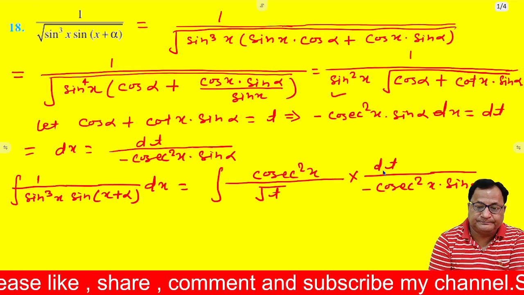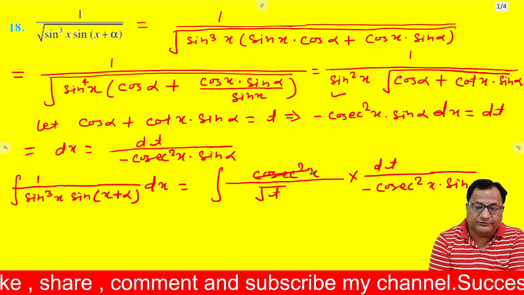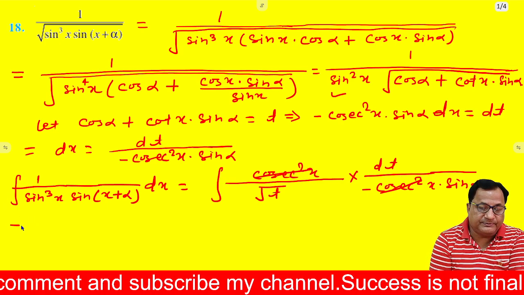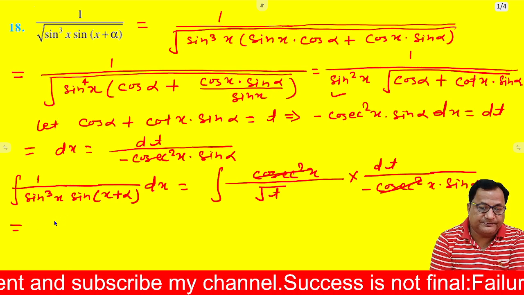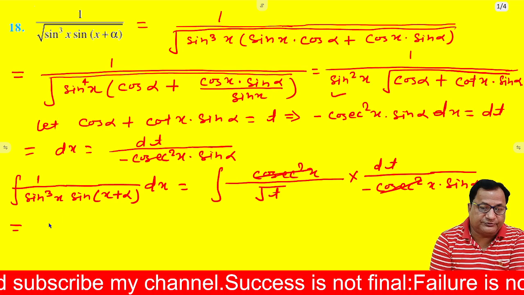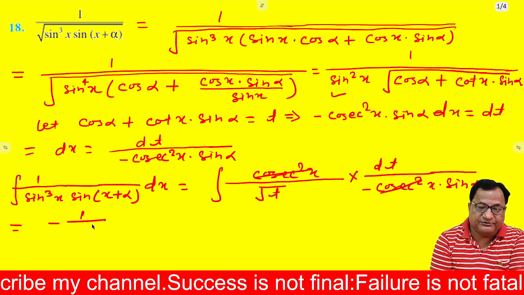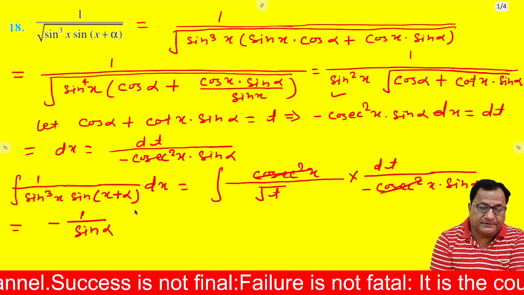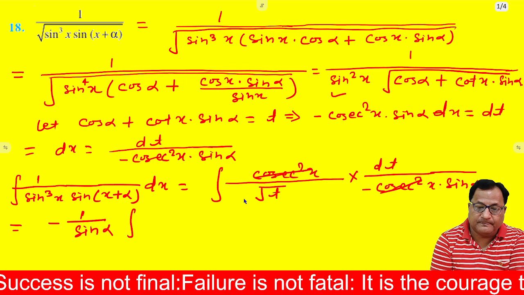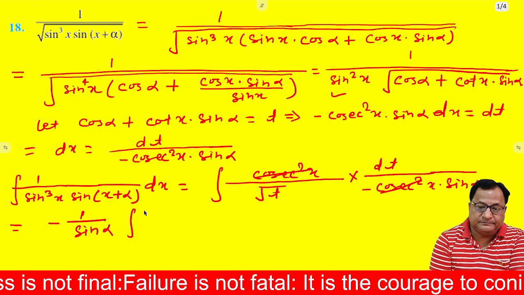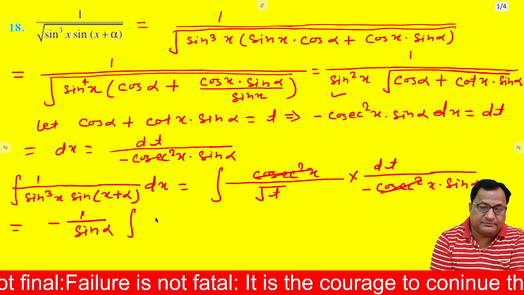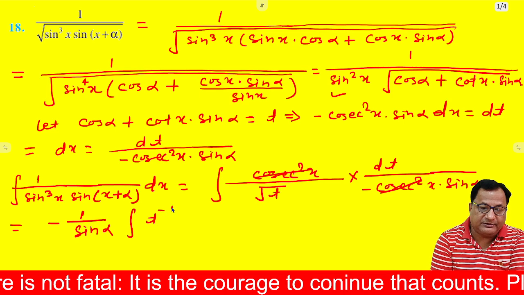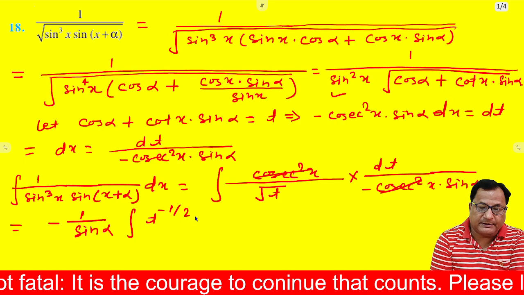This is cosec square will cut, so we will bring minus 1 by sine alpha. What will remain here? 1 by t under root t, so we can write this t to the power minus 1 by 2 and dt.